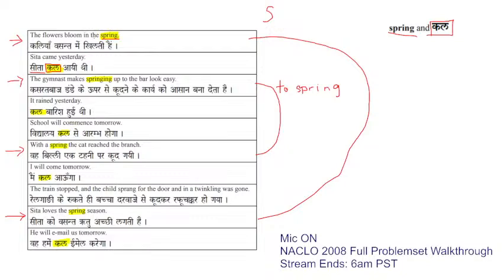The flowers bloom in the spring. So this is definitely the flowers, I think, right? Because we're going to assume it leads with the subject. Let's say this middle part. I feel like that's a little too long of a middle part, but we'll see.